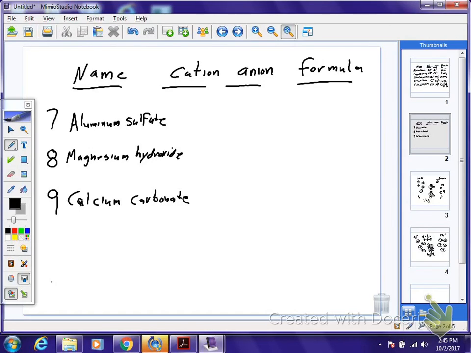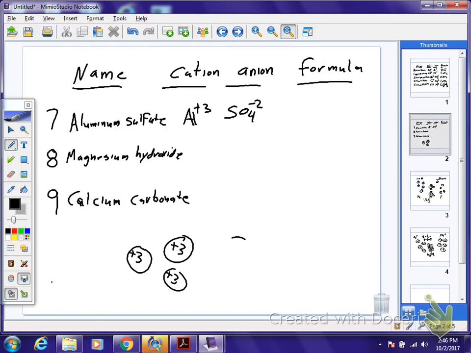So on your chart, you have aluminum, and on that chart, aluminum is a +3. So Al +3. And sulfate is SO4 on your chart, and it's a -2. So, again, I can do a drawing down here. +3. Another particle is a +3. +3.